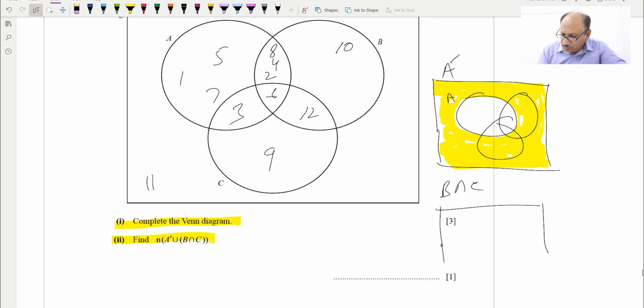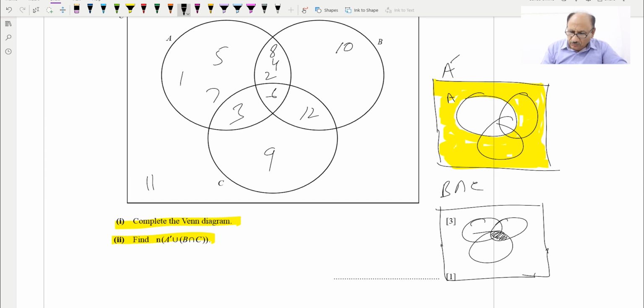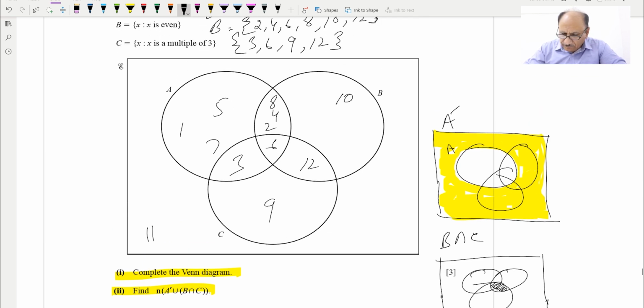That will be like this one, A, B, C. So B intersection C will be only this portion. So if we take the union of these two, it will be containing only parts which are B intersection A complement, whatever is in this drawing and included in this drawing also.